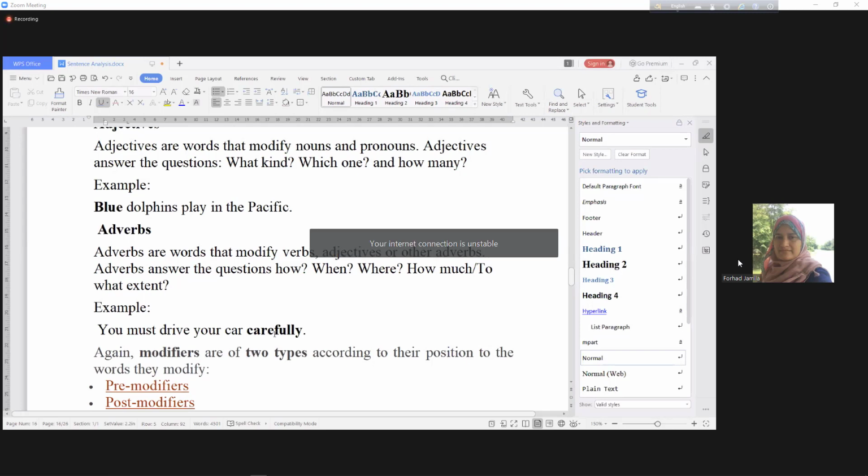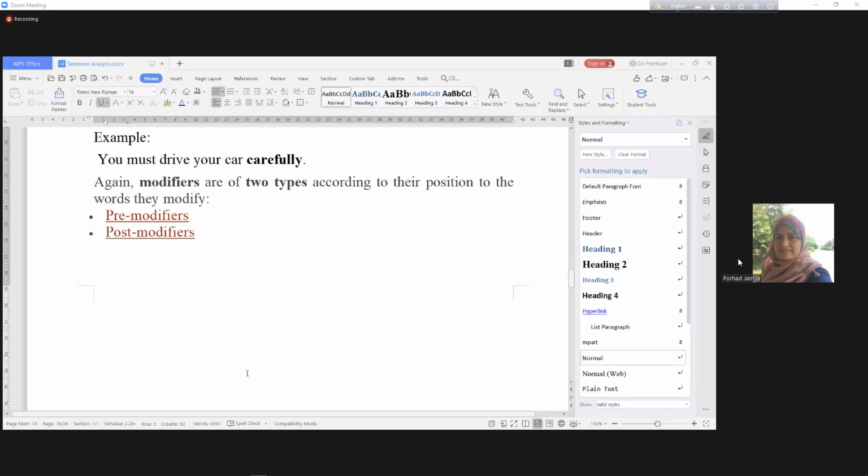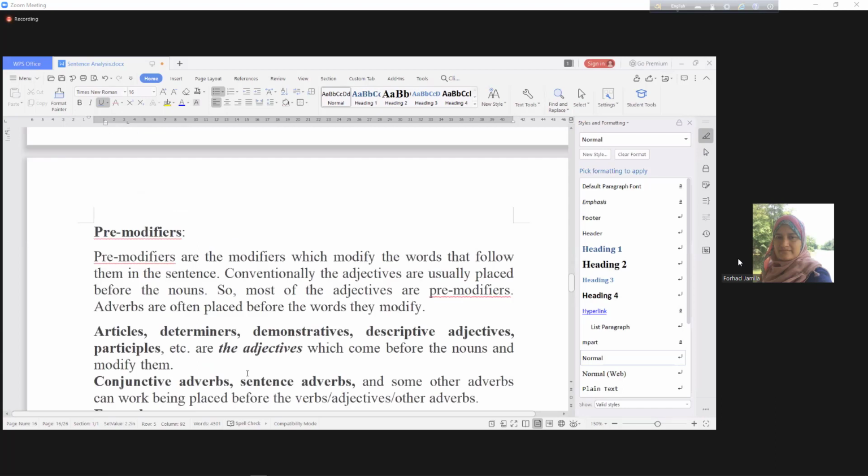That's why this is called a post modifier. এটা পরে বসে মডিফাই করেছে, আর এটা হচ্ছে কি পূর্বে বসে মডিফাই করেছে। That's why this one can be the example of pre-modifier and this one can be the example of post modifier. Okay, also I gave you example here.